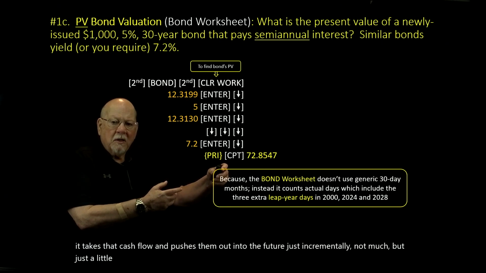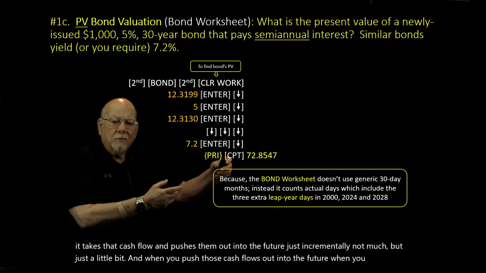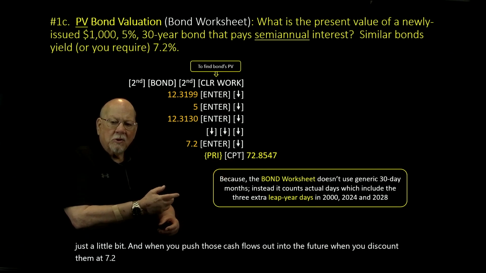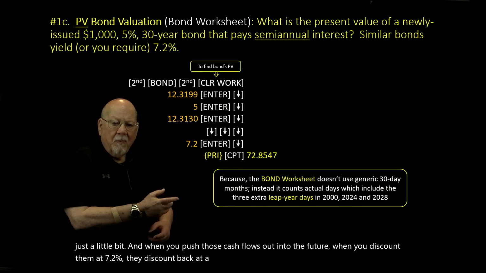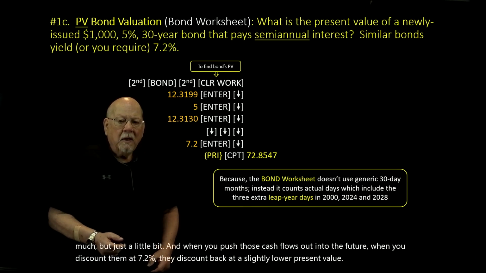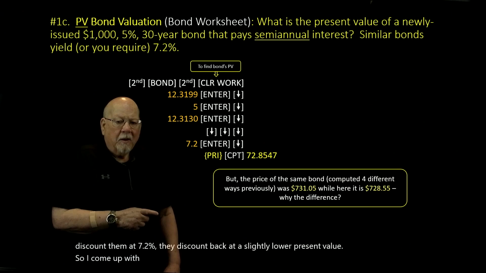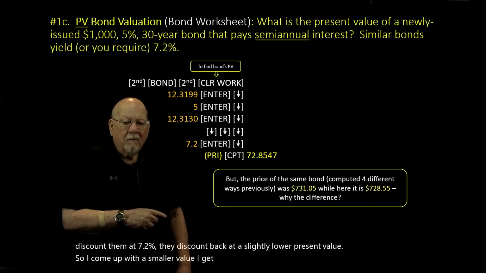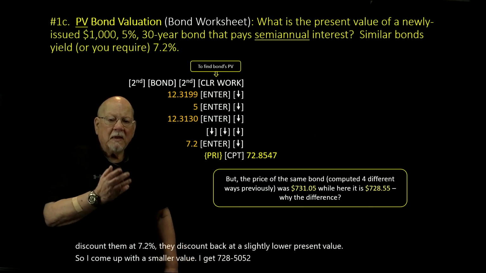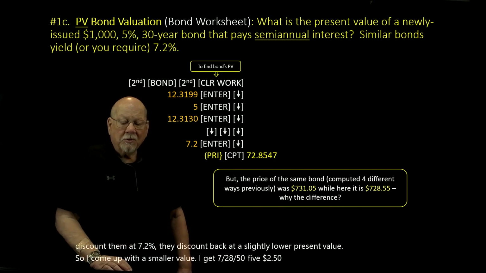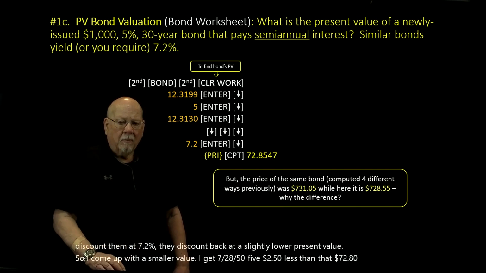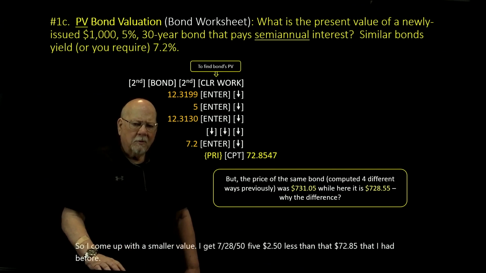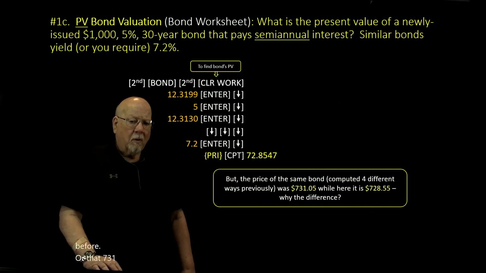And when you push those cash flows out into the future, when you discount them at 7.2%, they discount back at a slightly lower present value. So I come up with a smaller value. I get 728.55, $2.50 less than the 731.05 that I had before.